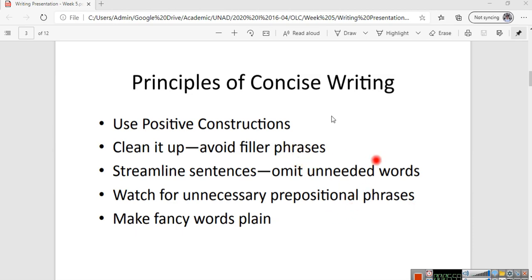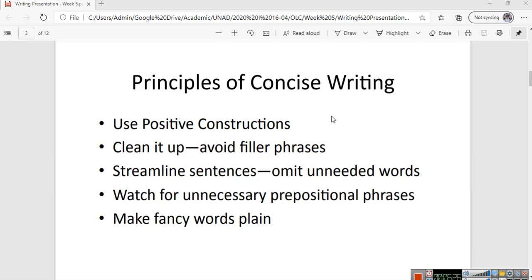When we use extra vocabulary, the idea is to stop doing that. Watch for unnecessary prepositional phrases. And make fancy words plain. This is something we also call elegance. Some people like to write in an elegant manner. However, we need to stop doing that.